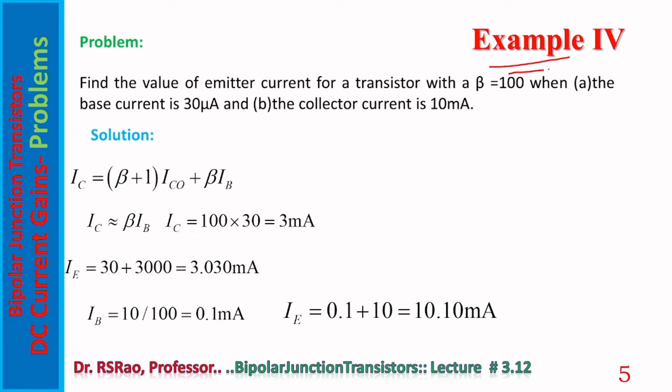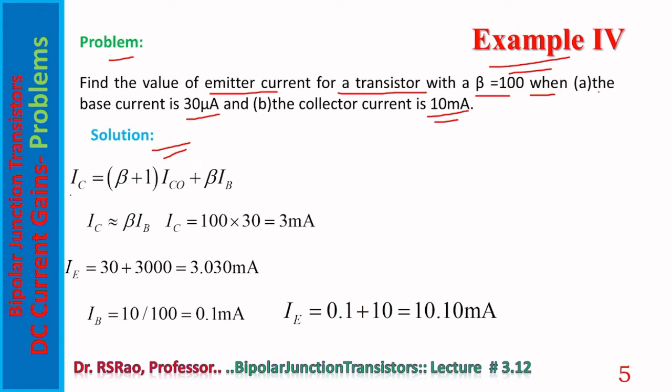Another problem, example 4. Find the value of emitter current for a transistor with a beta of 100 when A, the base current is 30 microamperes and B, the collector current is 10 milliamperes. Solution process.